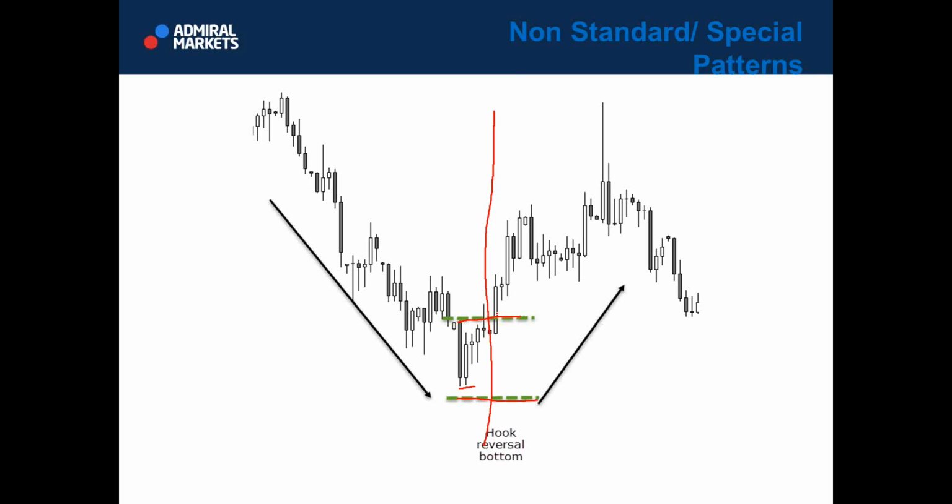Once this candle breaks from this point here, you assume that this could be a hook reversal, and you can see this is low, this is high, this is a higher low compared to this, and this is a higher high, so it's an uptrend. It's an early sign for an uptrend. So you assume that the price will go up, and you just zoom into a lower time frame and try to scalp or trade long entries.